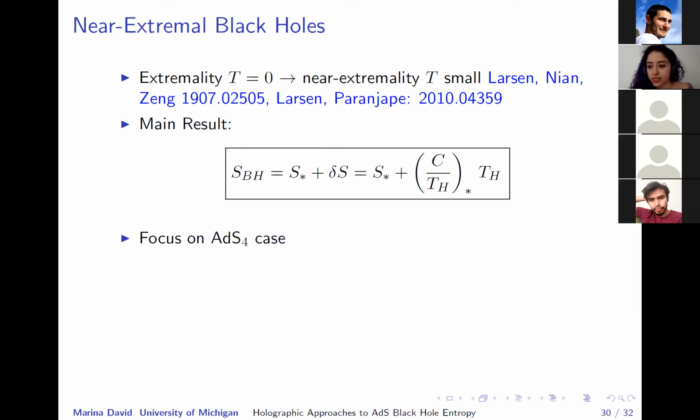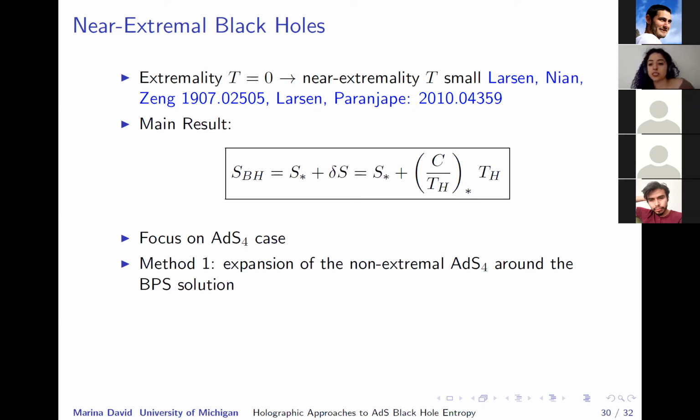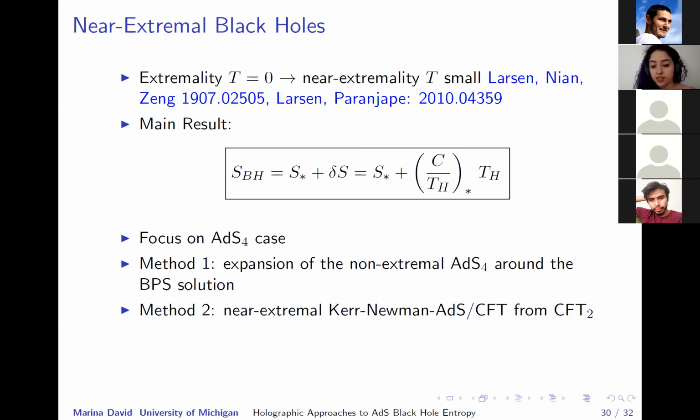And by focusing on the AdS4 case, there are 3 different approaches we can take. The first one is to just expand the Bekenstein-Hawking entropy around its extremal solution, but for small temperature. The second method is to use Kerr/CFT once more, but extend it to the near-extremal case.